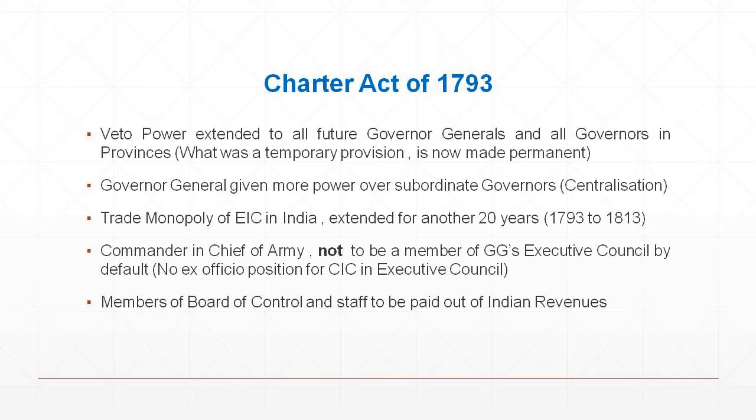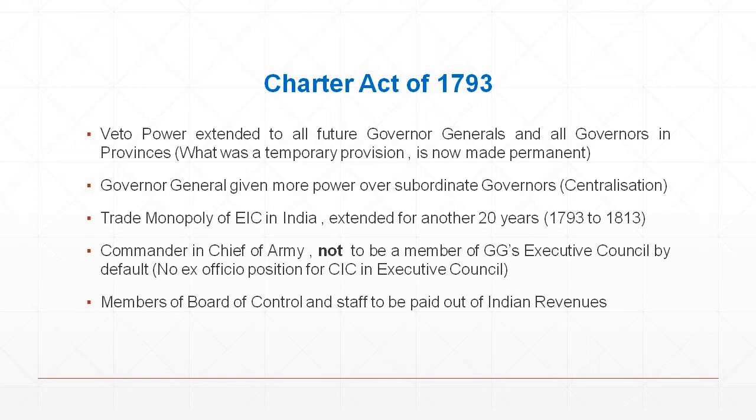Earlier, it was an exception for Cornwallis alone, but in the Charter Act of 1793, this power was given to all the Governor Generals and the governors. Second, it gave the Governor General more powers and control over the governments of the subordinate presidencies of Bombay and Madras. So the Governor General of Bengal became more powerful, and the presidencies of Bombay and Madras became even more subordinate to Bengal.